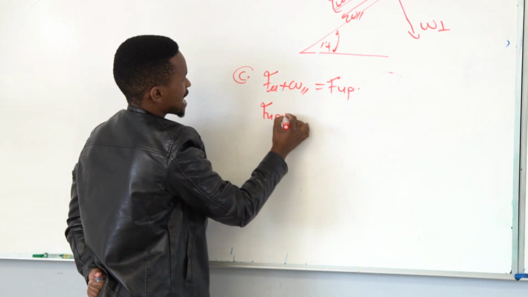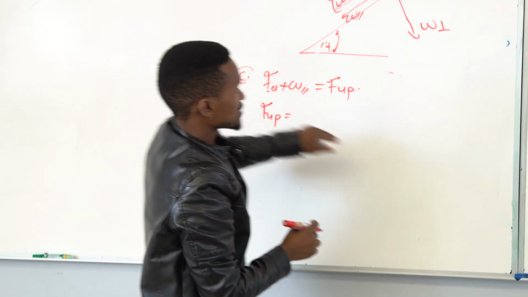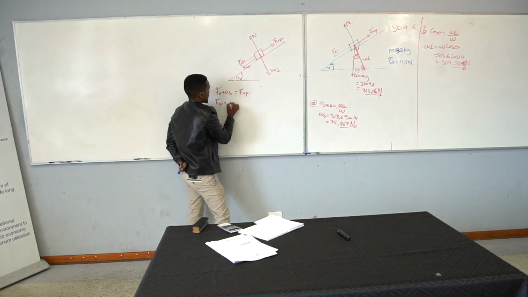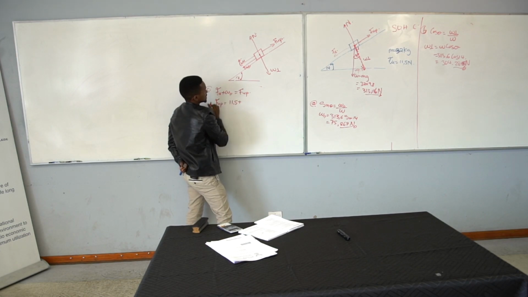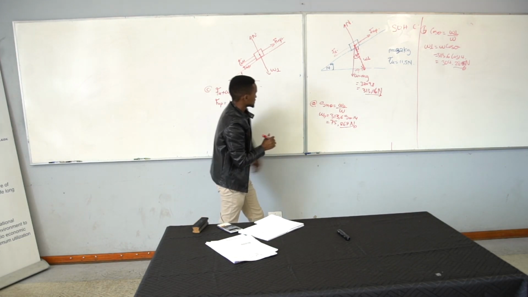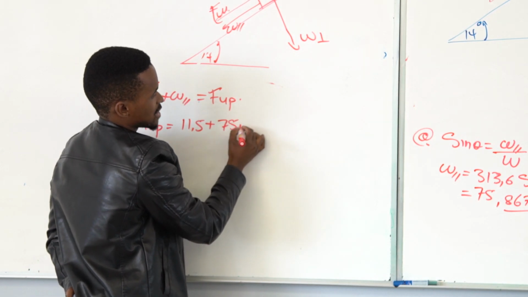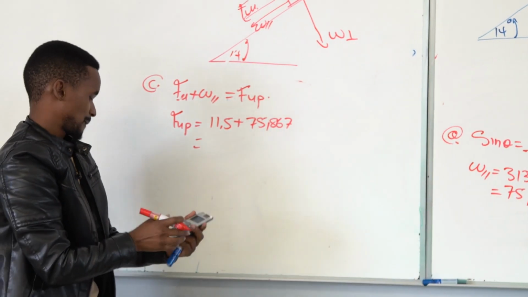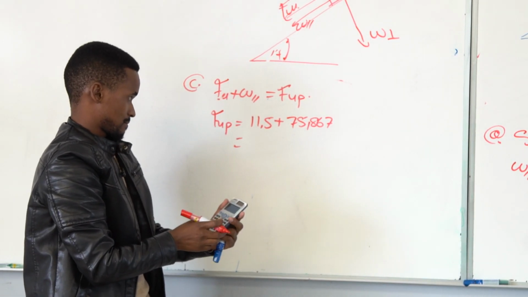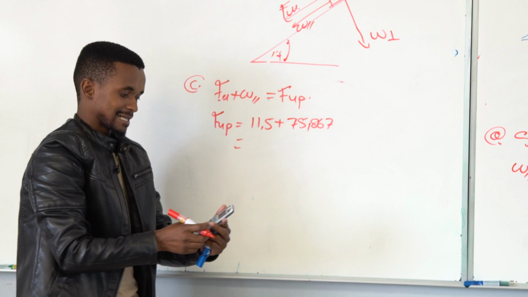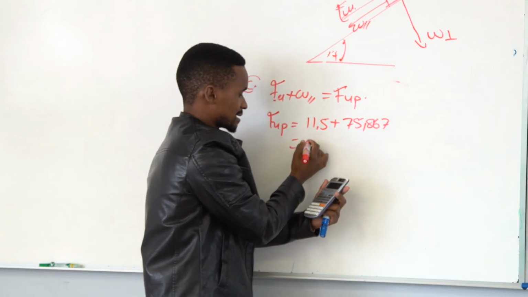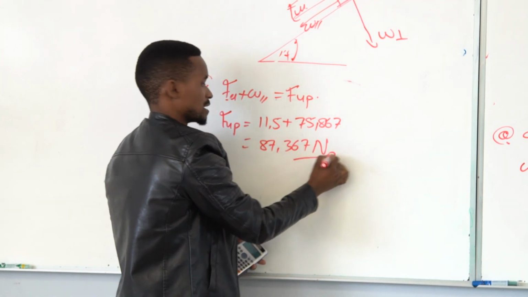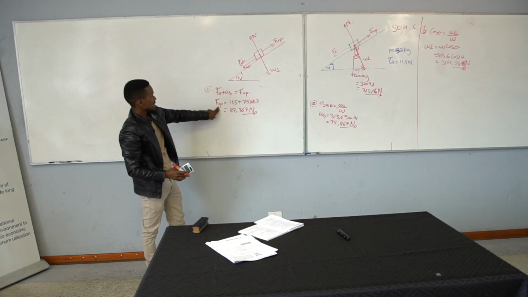Meaning now our force up will be equal to the frictional force, which was given as 11.5, plus the weight parallel, which we just calculated, 75.867. And the answer that we get when we punch it on the calculator is 87.367 newtons, right? This is our F up.